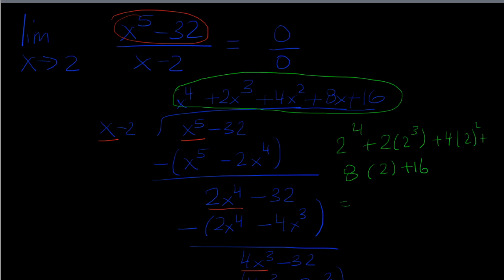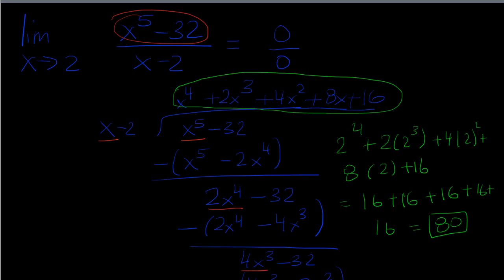So that is 16 plus 16 plus 16, and 2 squared is 4, times 4 is 16. So they're all going to be 16s. We have 1, 2, 3, 4, 5 copies of 16. That's going to give us 80. So our limit turns out to be 80.